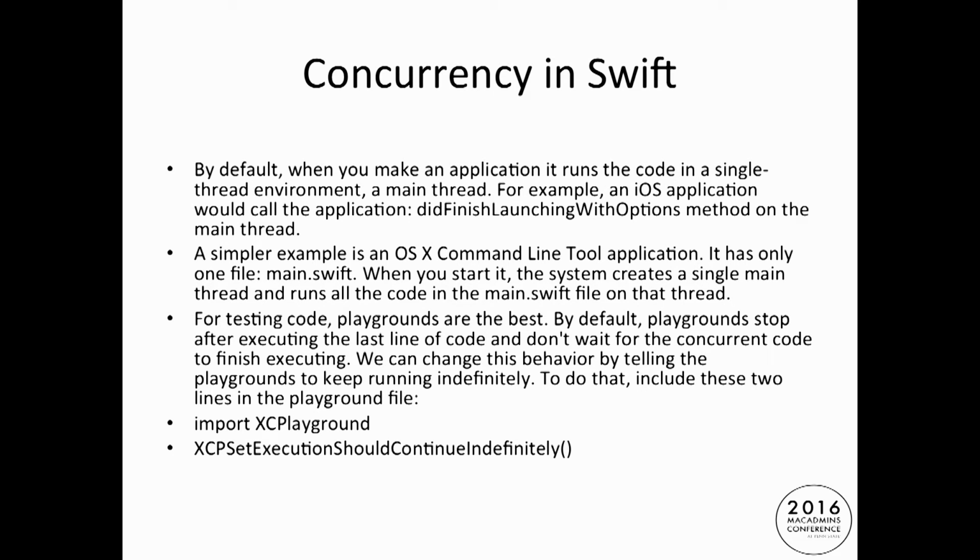Now, another way you could actually do parallel computing is with concurrency. Anybody here know what concurrency is? Anybody? See, there's this one guy in the back. You know, you could come on and do this talk if you want. No, okay. So by default, when you make an application, it runs the code in a single-threaded environment. In Swift, if I say, okay, give me a demonstration of a thread, everybody should say main.